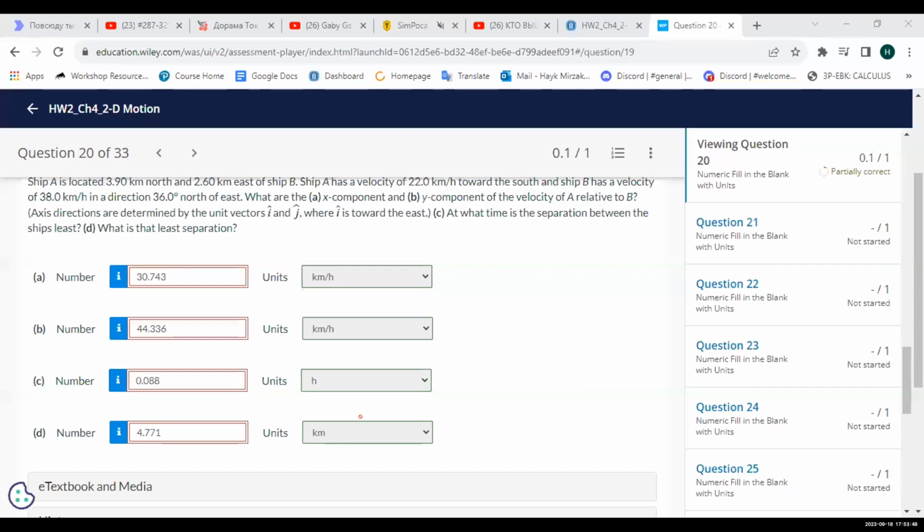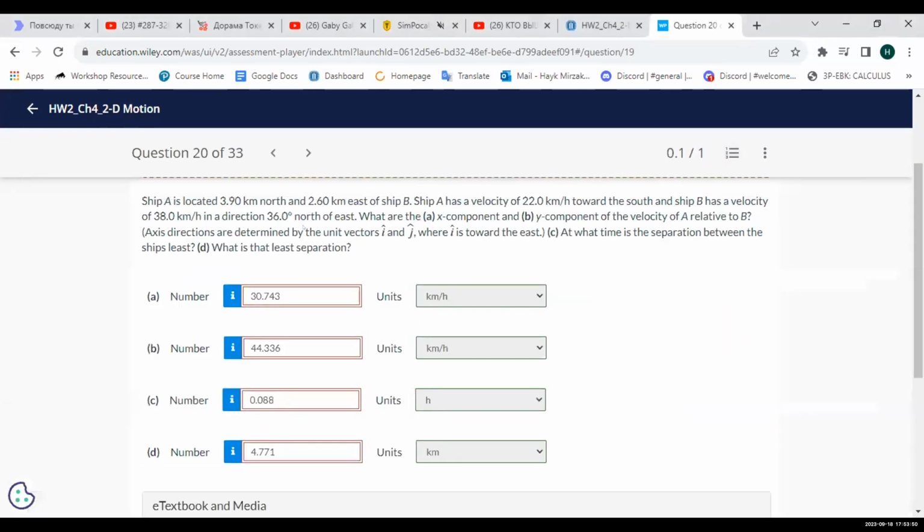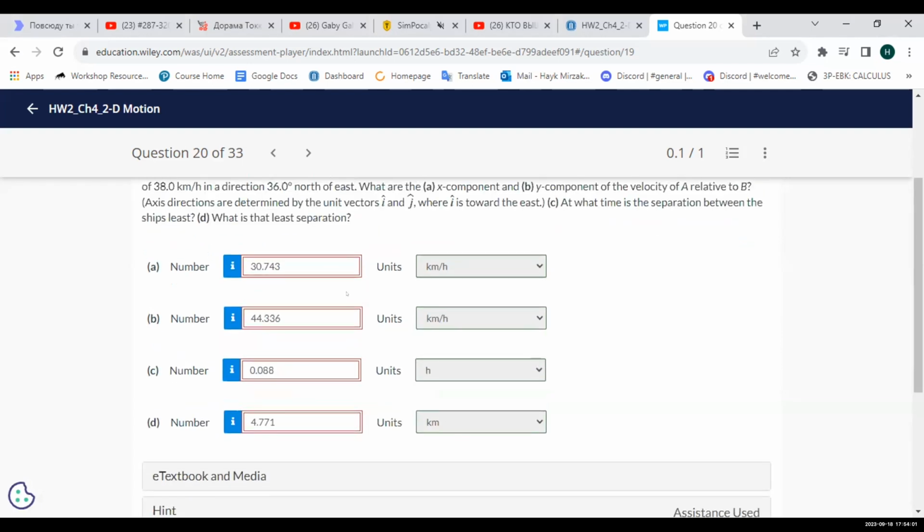I didn't submit it 3 times to get the answers. I can share the screen. It's going to show what I see. So here it is. Here is the information. Here are the questions. Here are the answers.